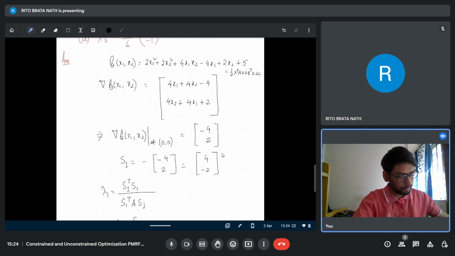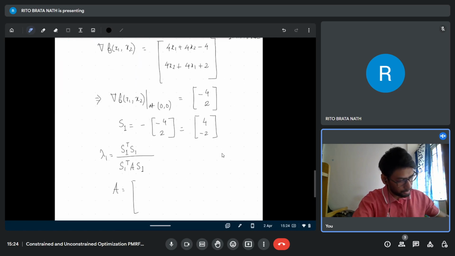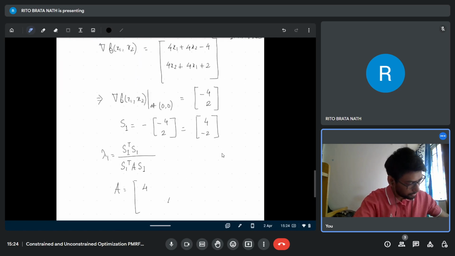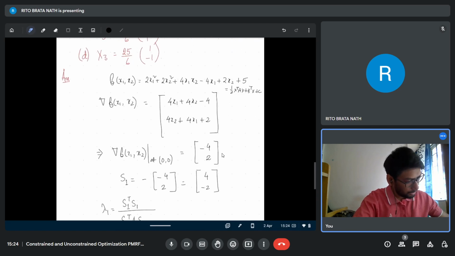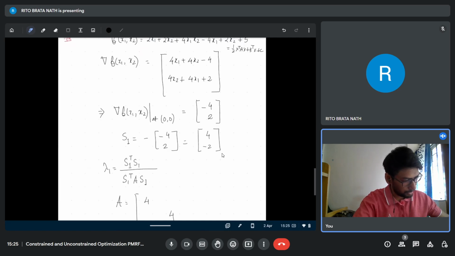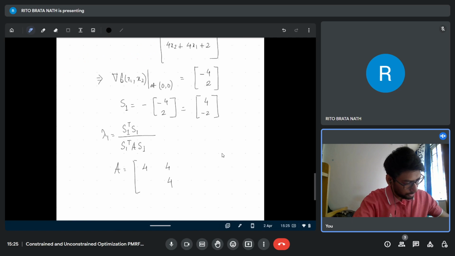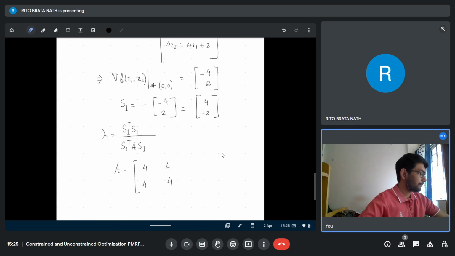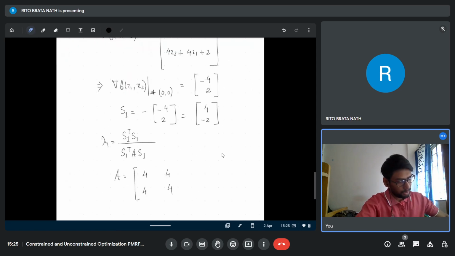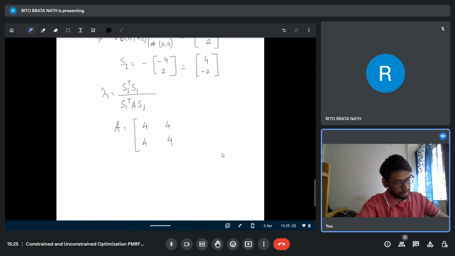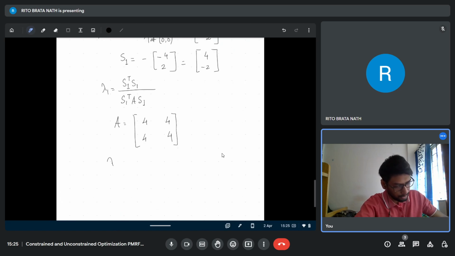Once you do that, corresponding to x1 squared and x2 squared this will be 4 and 2, and the x1 x2 terms will also be there, so from that we'll get 4 and 4 as well. Actually, you can find it out, it's not a big deal. Anyway, let's get into this.